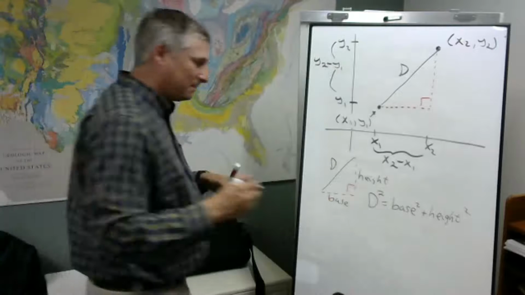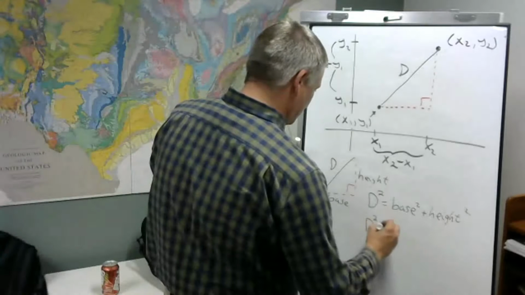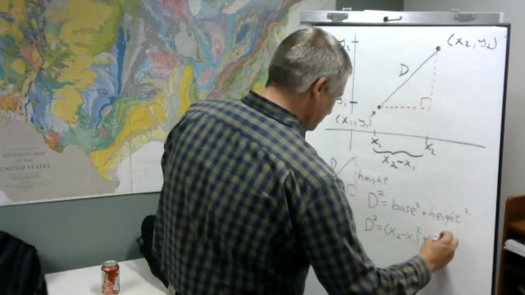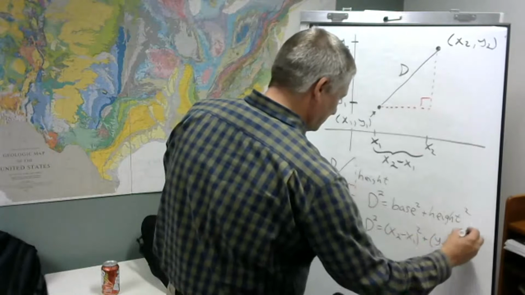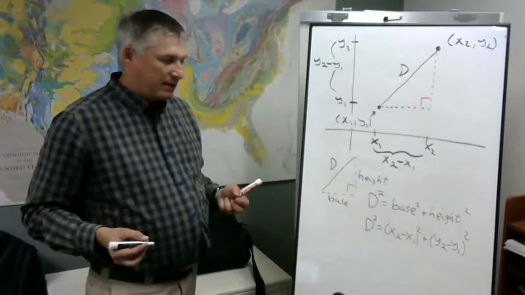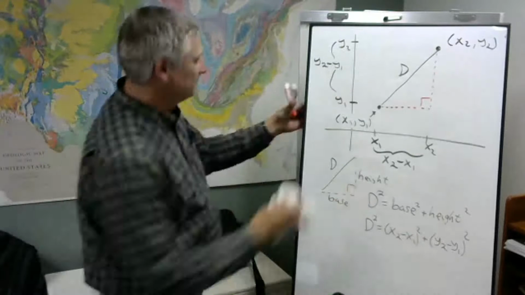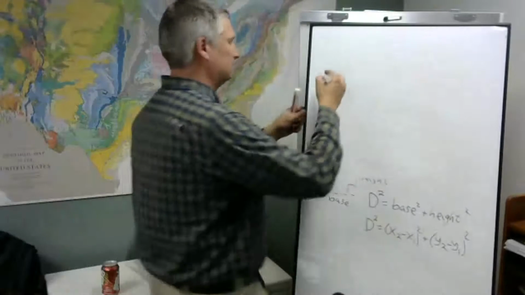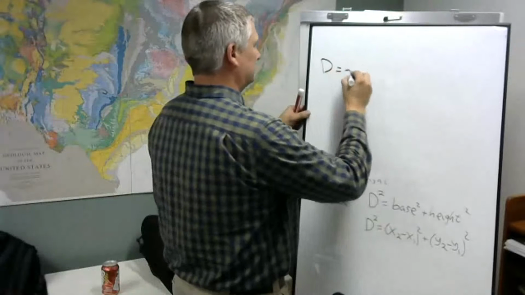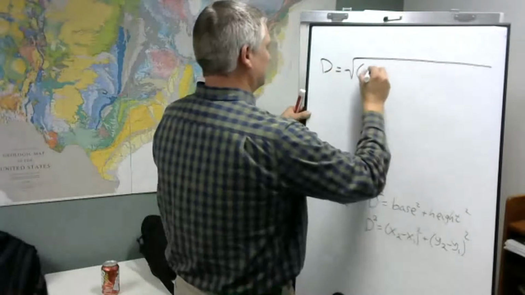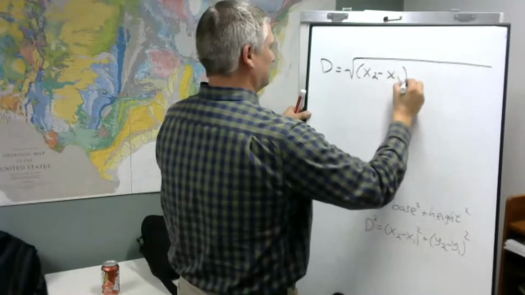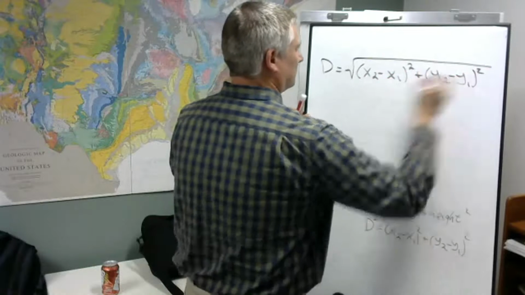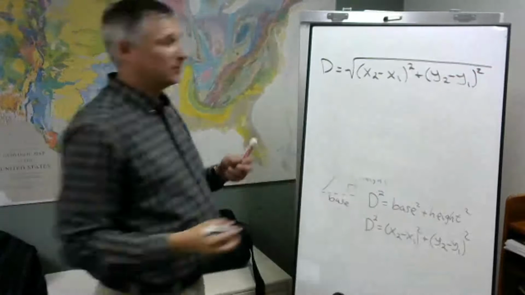Now, we know what the base is. And we can solve for d by taking the square root. And so this is our distance formula.